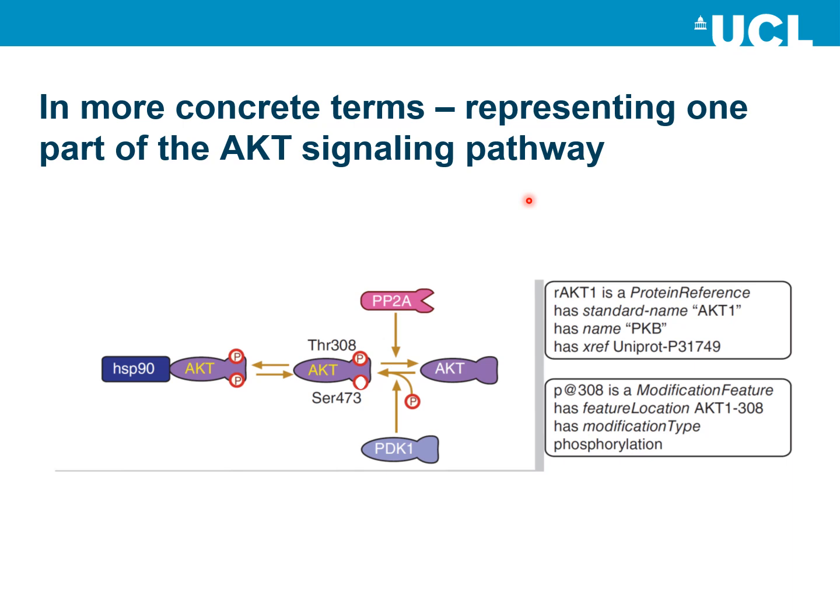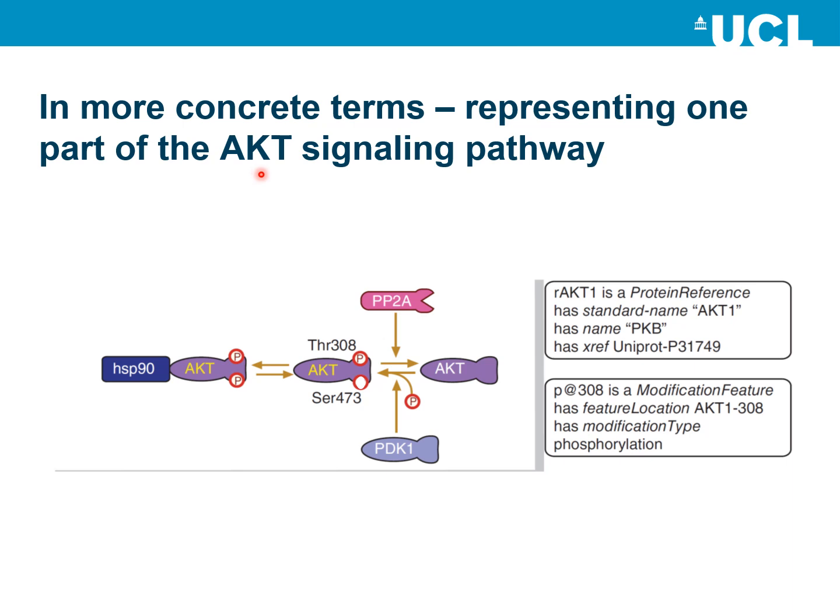I think it's good to show a real concrete example because it's quite abstract. So this is an example which actually arose in the insulin pathway, which you might not recall from lecture 1, but it's also involved in cancer.